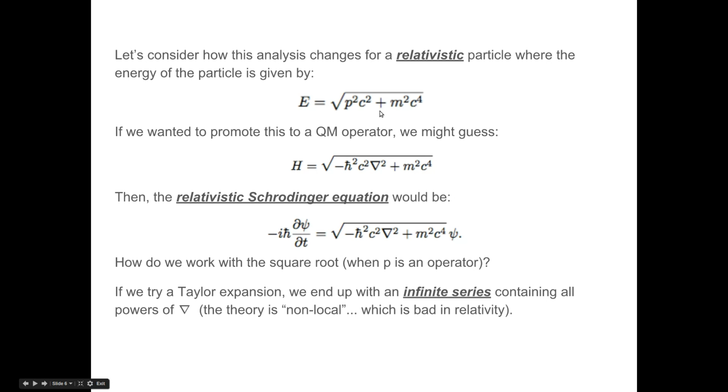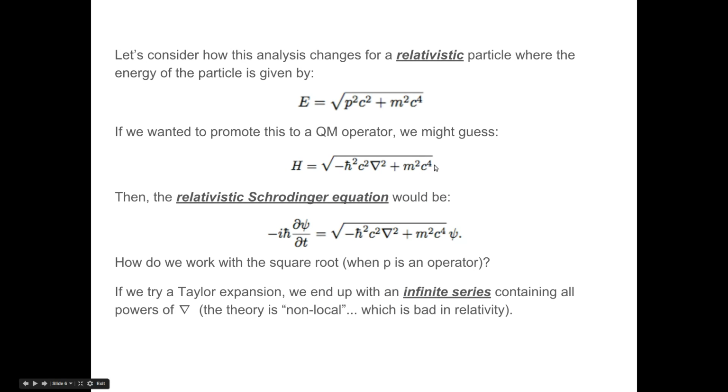That's the classical energy. But if we want to promote this to an operator, the mass is a constant, c is a constant, so all we have to do, like we did before, is promote the momentum to be the momentum operator. If we do that, we get a quantum mechanical operator that looks like this.